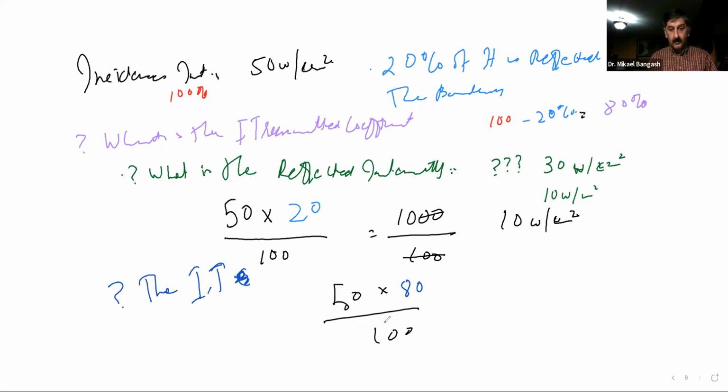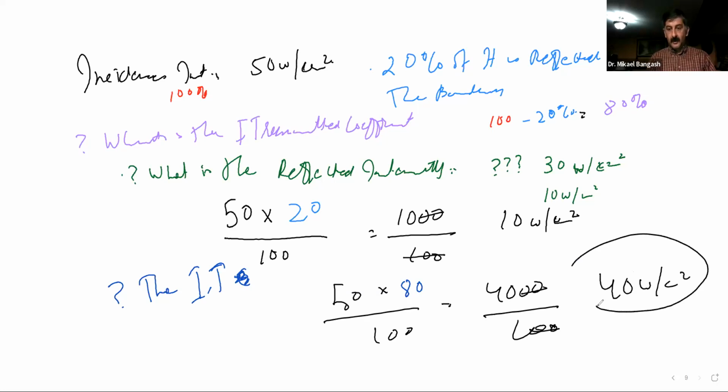So 50 multiplied by 80 becomes 4,000, divided by 100. So that's going to be the intensity of your transmission.